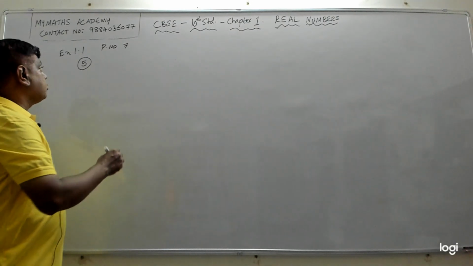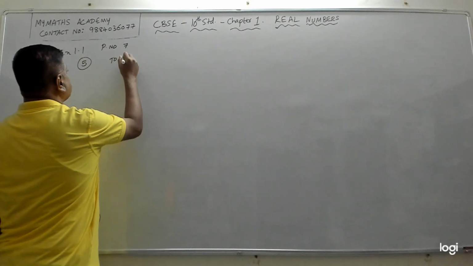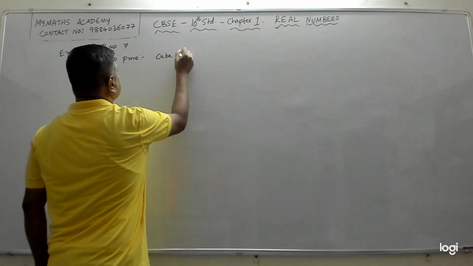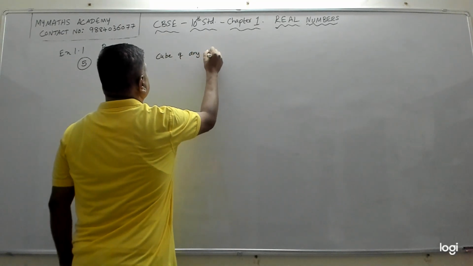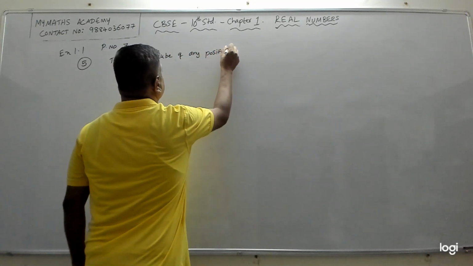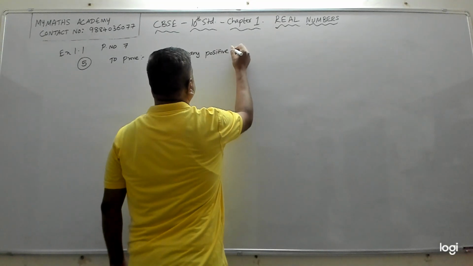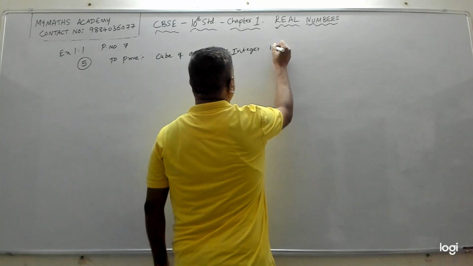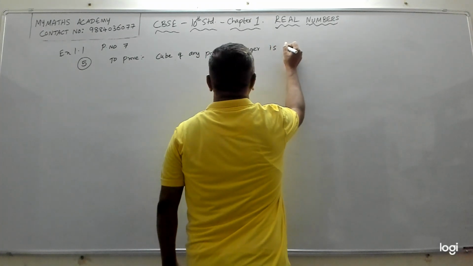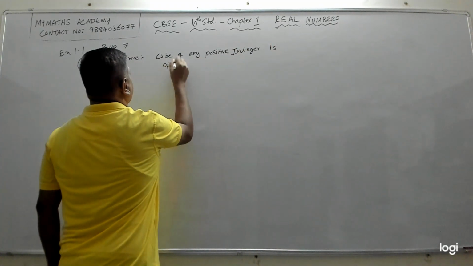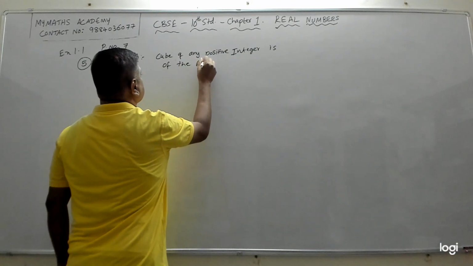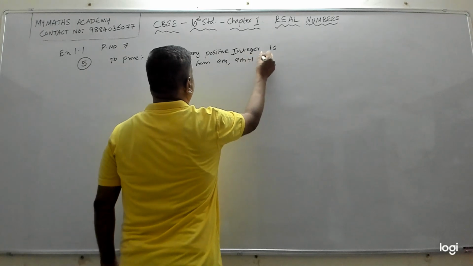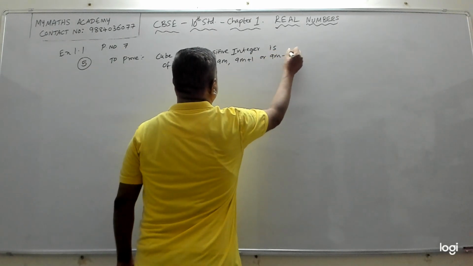So what you have to prove is, the cube of any positive integer is of the form 9m or 9m plus 1 or 9m plus 8.